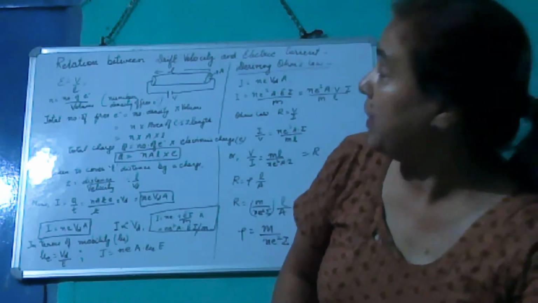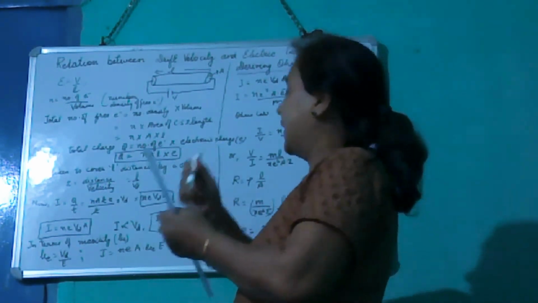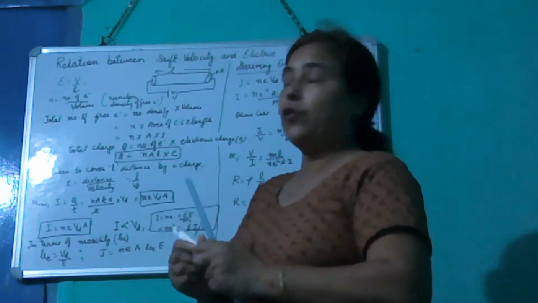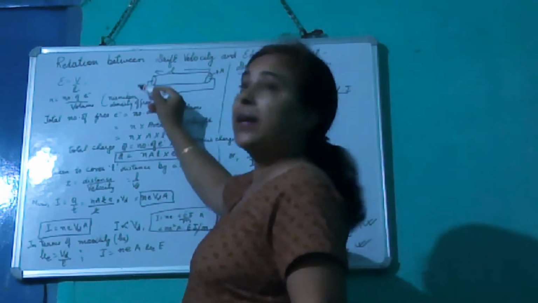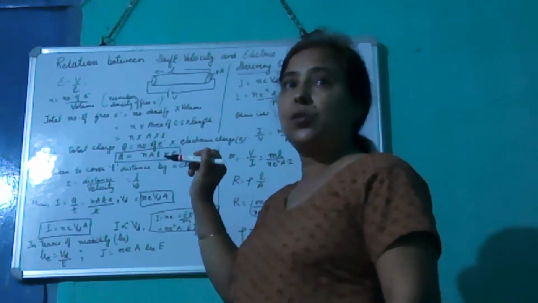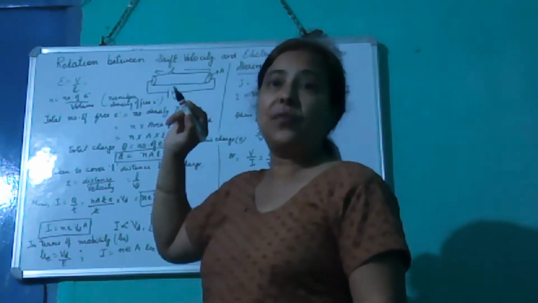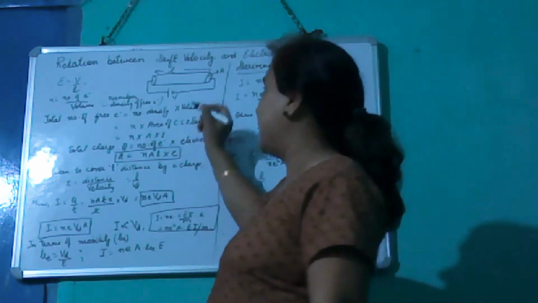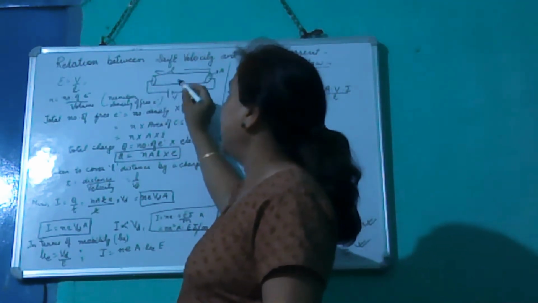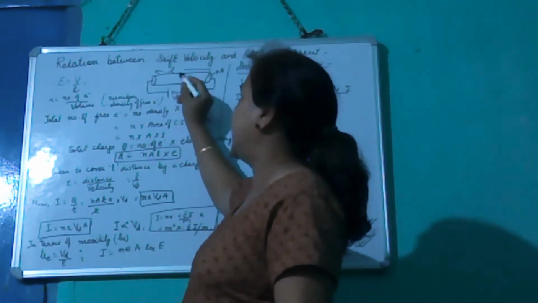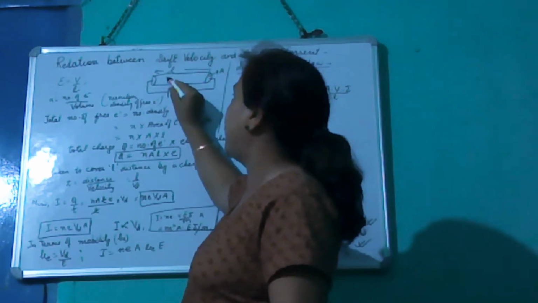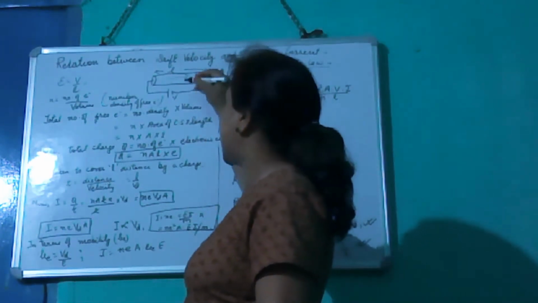We have a conductor of length L and area of cross section A, and we have connected it to an external source of battery with potential difference V. What will happen when this battery is attached? We have learned in the previous class, electric field will be created inside this.